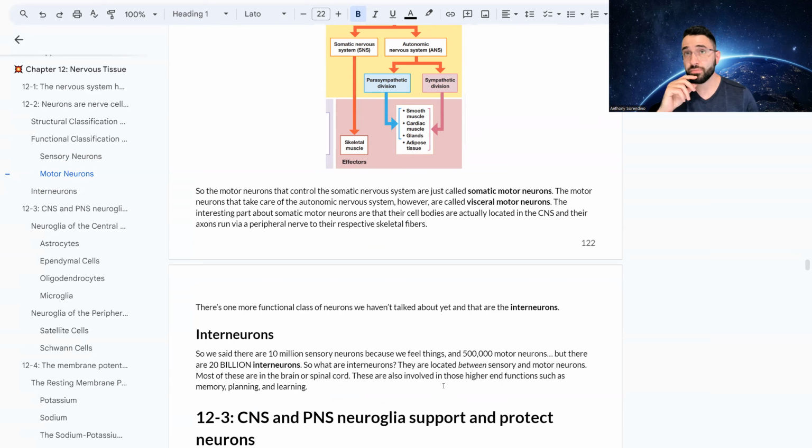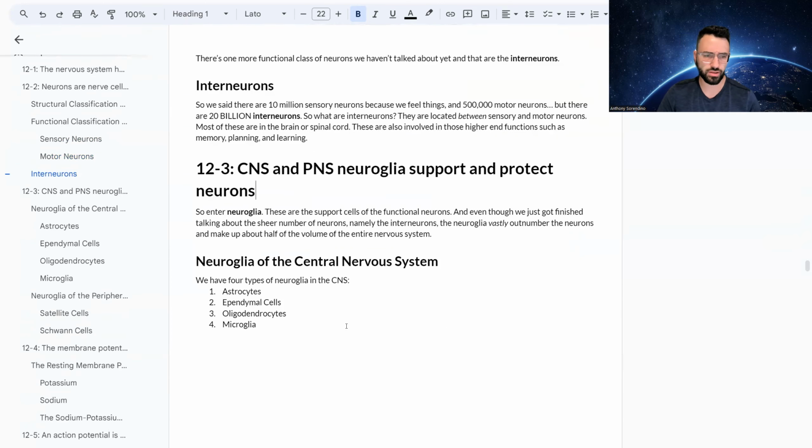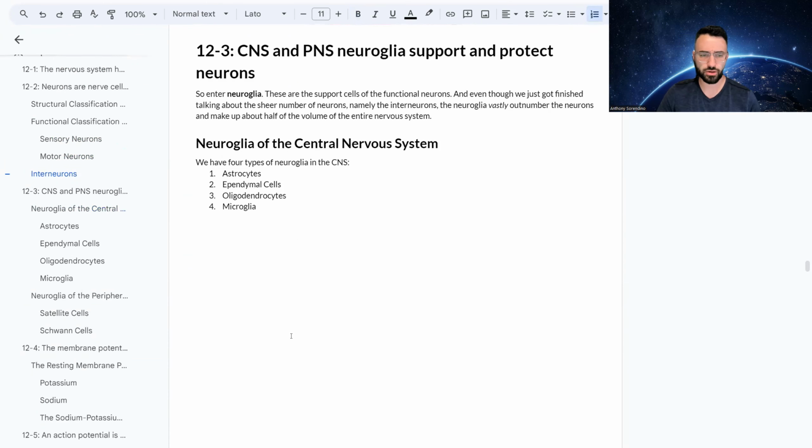We have ependymal cells, which have to do with cerebrospinal fluid. And then we have the janitors, the microglia, the cleanup crew. So astrocytes, ependymal, oligodendrocytes, and microglia.